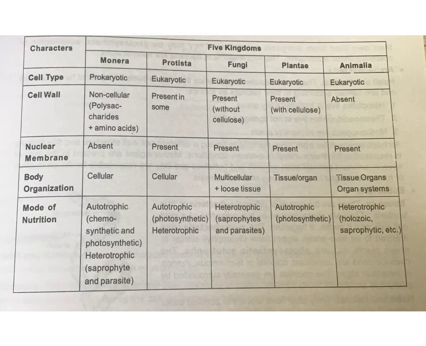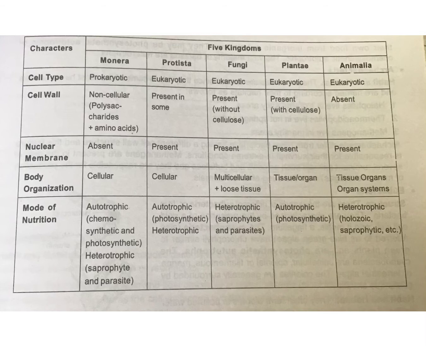If we consider Monera, the cell type is prokaryotic. Then the cell wall is non-cellular and it is made up of polysaccharide plus amino acids. The nuclear membrane is absent because they are of prokaryotic type, so a well defined nucleus is not present, we know that. Then body organization is only cellular.